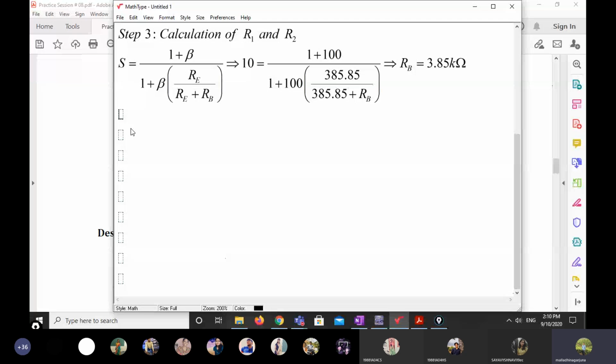Yes, sir. Okay. Stability factor RB is equal to 3.85 kilo ohm.